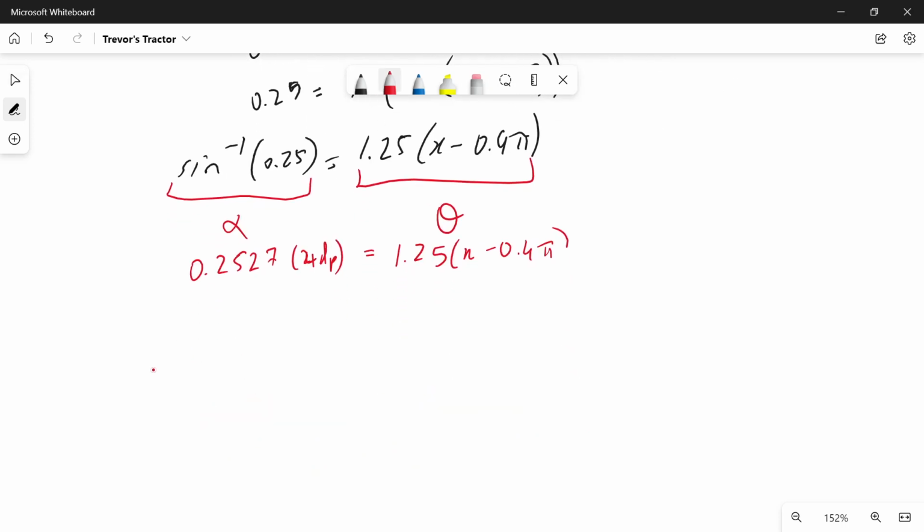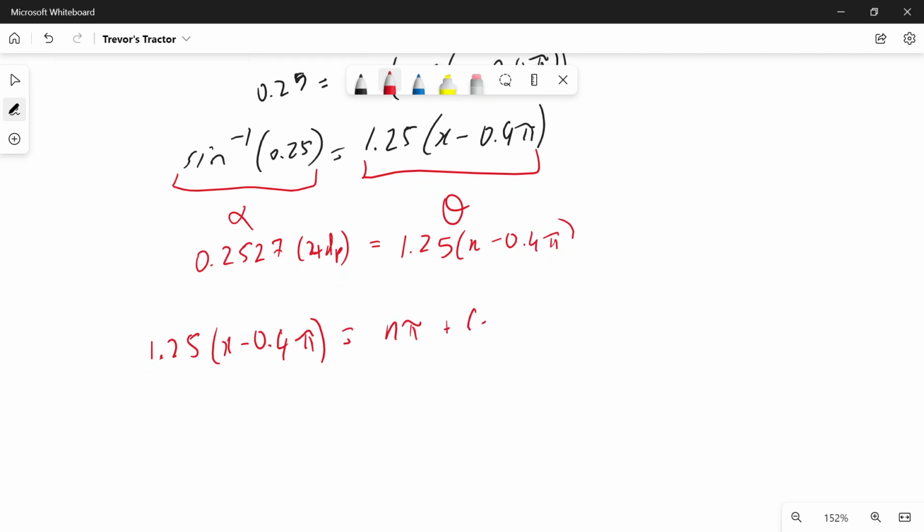But now I can write the general solution. I'm going to just put this over the side for the general solution. It's going to be 1.25 x minus 0.4 pi equals n pi plus (-1) to the n of 0.2527.